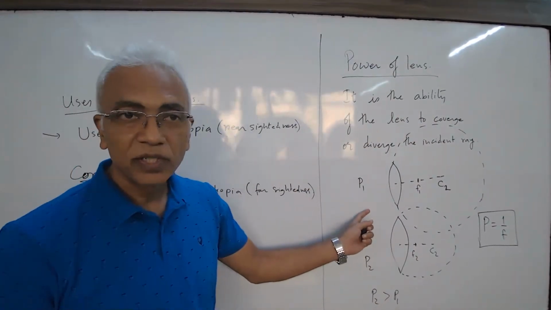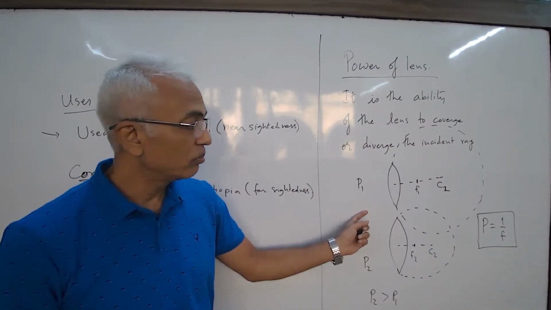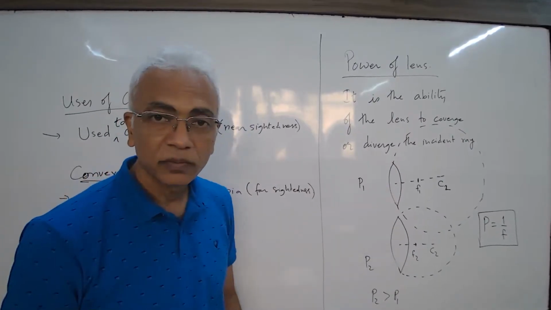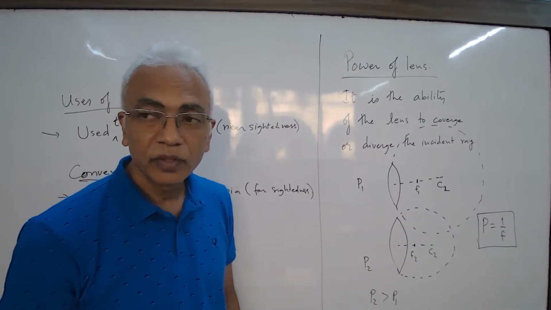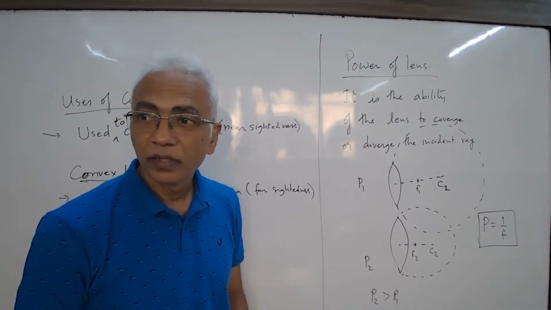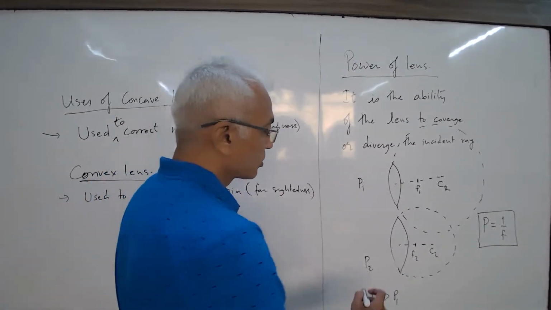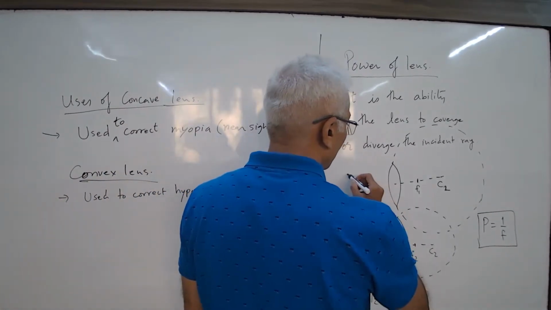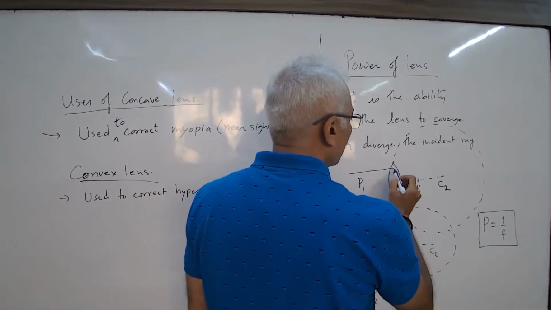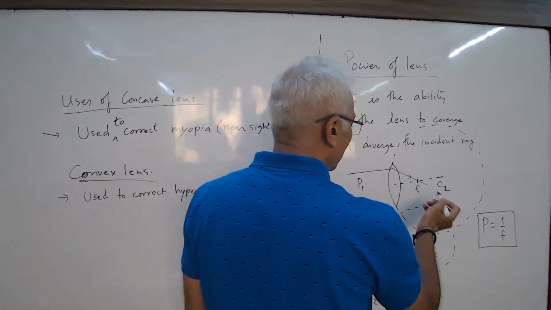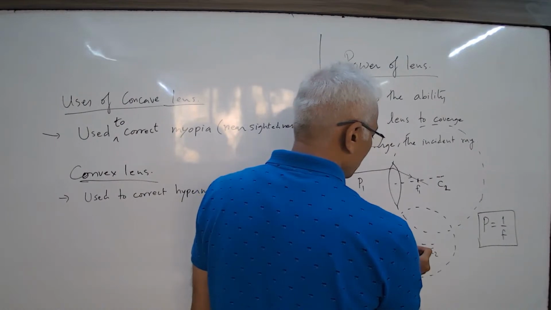Now this is a converging lens. Which lens will bend more, thin or thick? The thick one will bend more, because the incident parallel ray will be bent later in the thin one. Here the bending is more.